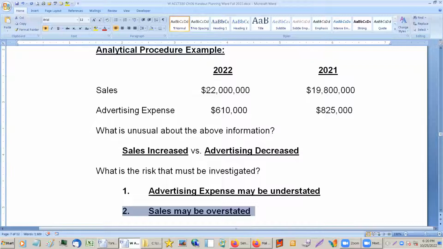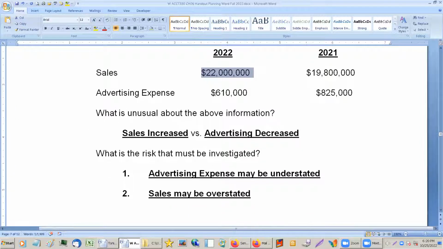In other words, this 22 is too high. Maybe the sales really should be 16 million or something like that. So this might be an indication.